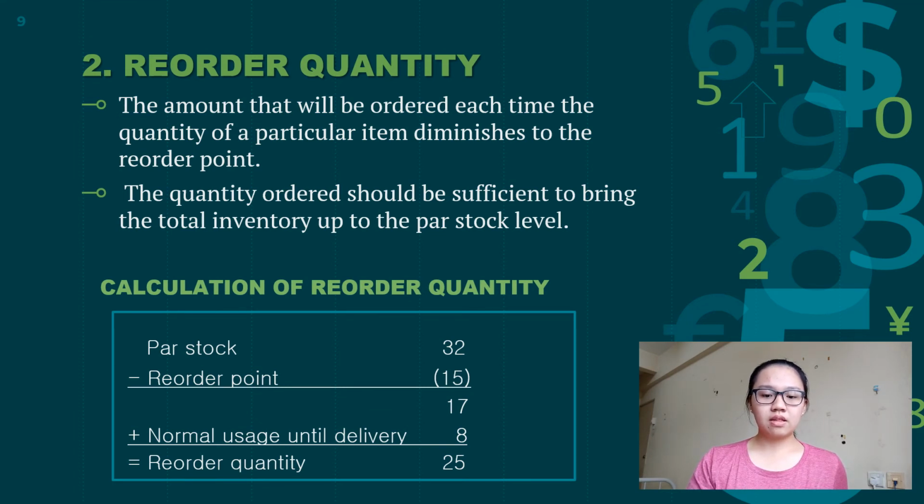This means that once a purchase order is triggered by the stock of the item being below the reorder level, the reorder quantity will be placed on the new purchase order. So below is the calculation of reorder quantity. The formula is par stock minus reorder point plus normal usage until delivery.